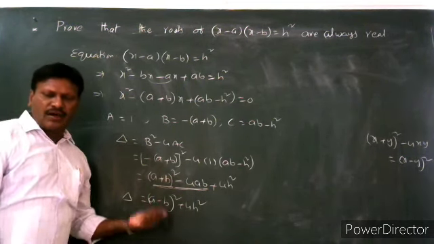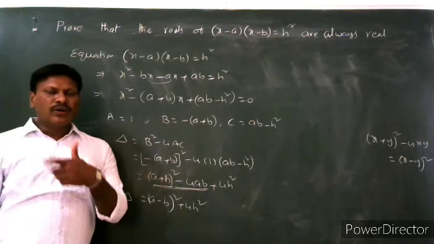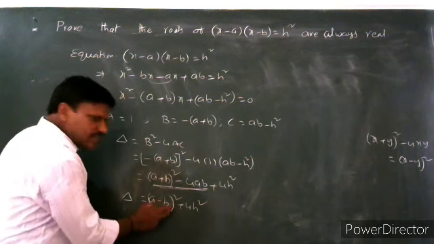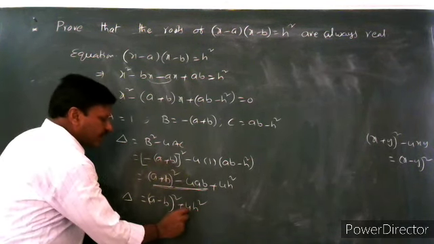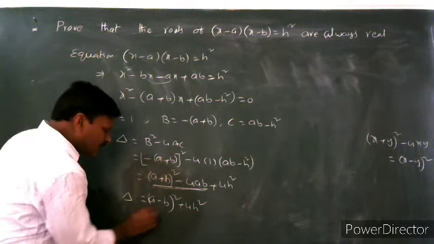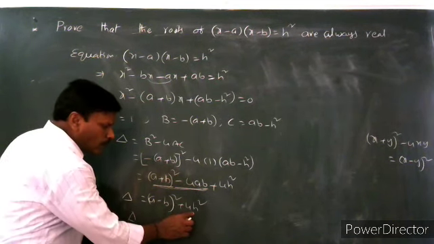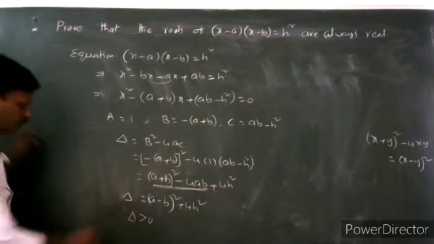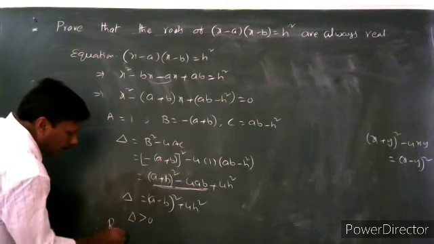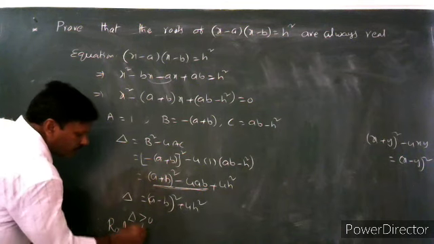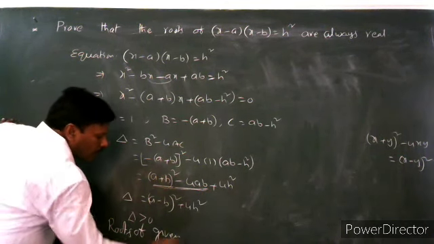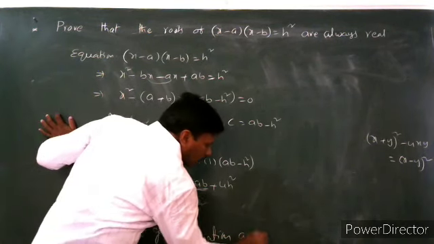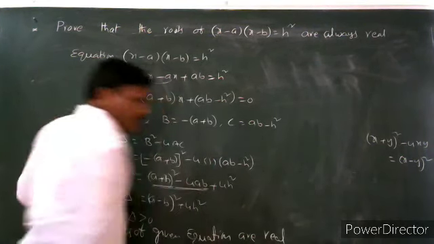Square value is always either positive or 0, so this is never negative. Plus 4x square, it is also positive. Sum of these two values is clearly greater than 0. Therefore, roots of the given equation are real.